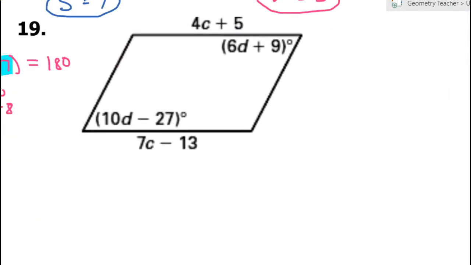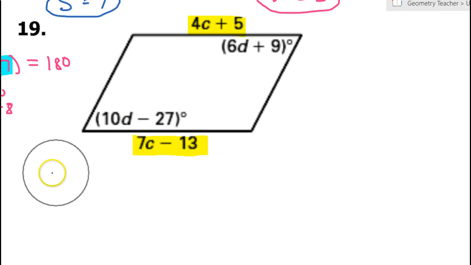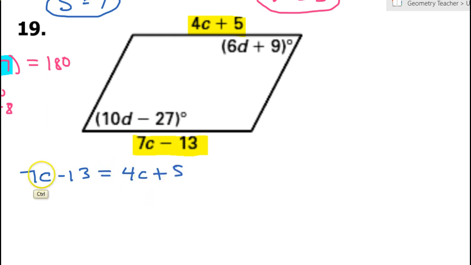Okay, number 19. Well, we have opposite sides, and opposite sides are congruent. So I can just go ahead and set these equal to each other. So I know that 7c minus 13 should equal 4c plus 5. When you have the variable on both sides, go ahead and subtract one of them to get those variables together on the same side.